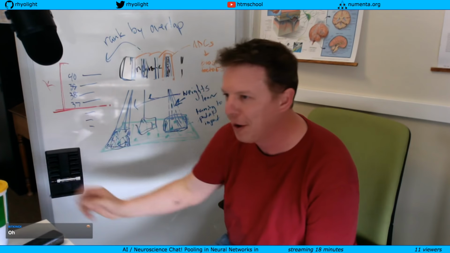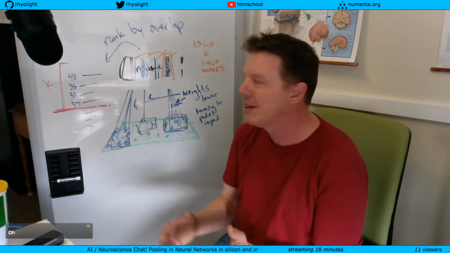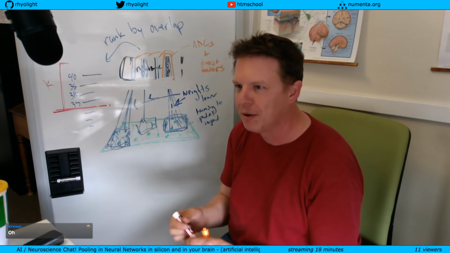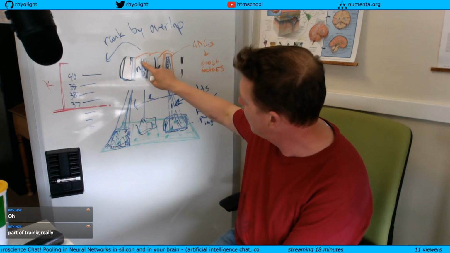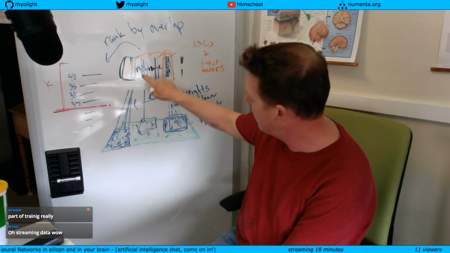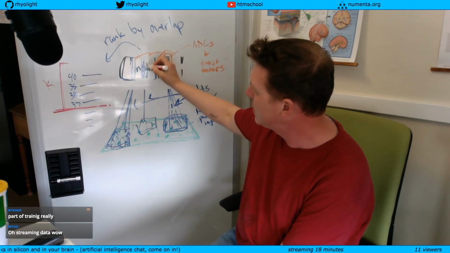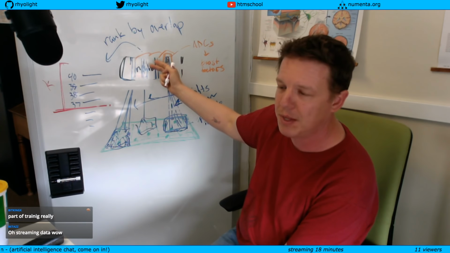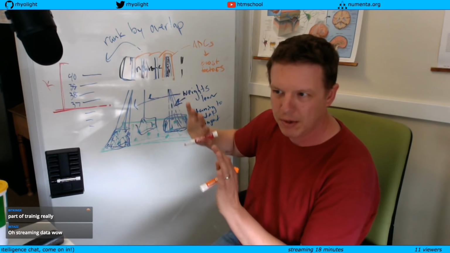Bursting is a key part, and I like explaining bursting, so I'll give you a little teaser. If a pattern comes across here, every step, there are cells in these mini columns that are predicting what they're going to see next. That's the idea of temporal memory, which we haven't touched on yet.